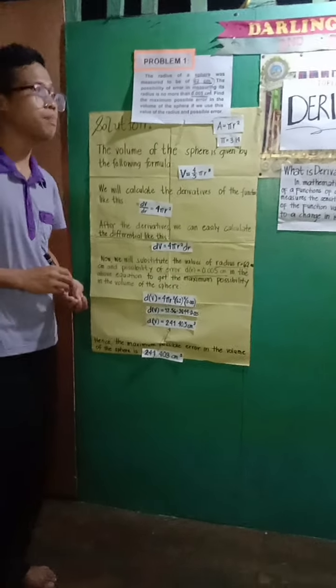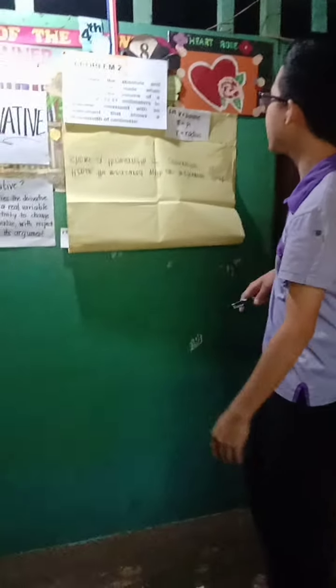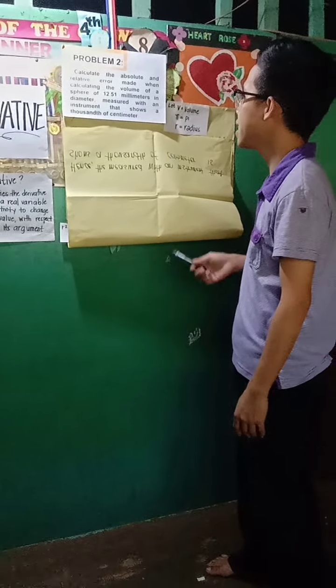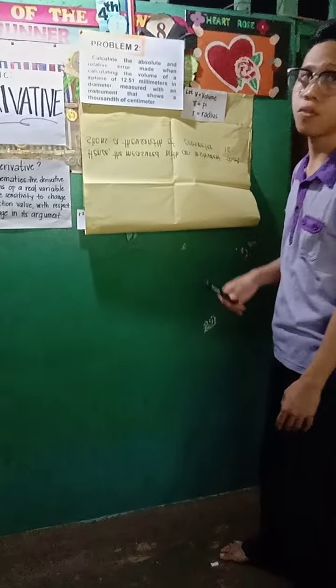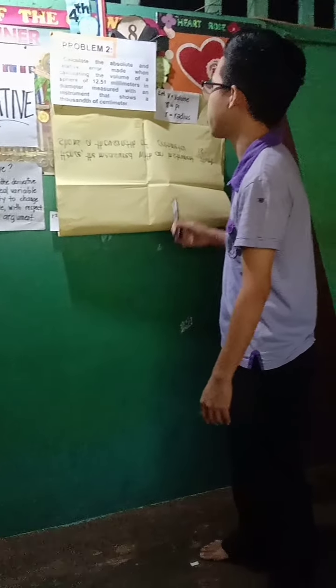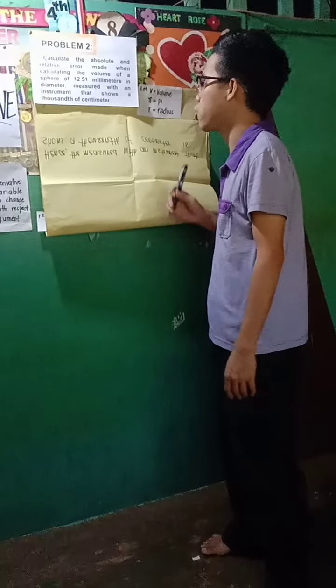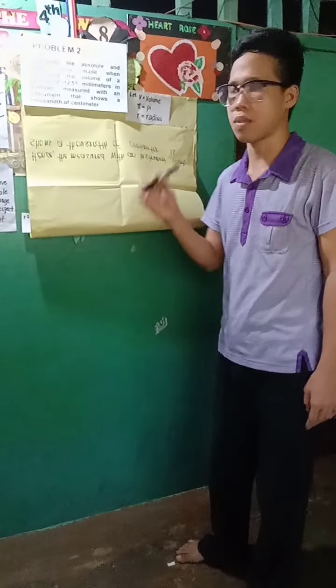And my second problem, problem number 2. Calculate the absolute and relative error made when calculating the volume of a sphere of 12.51 millimeters in diameter, measured with an instrument that shows a thousandth of a centimeter.